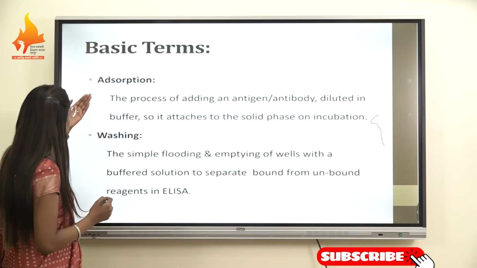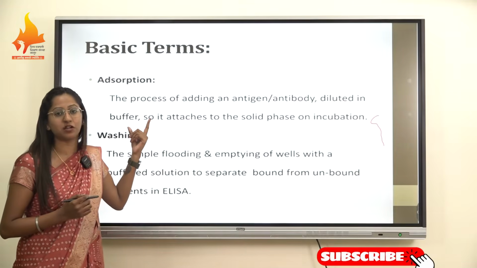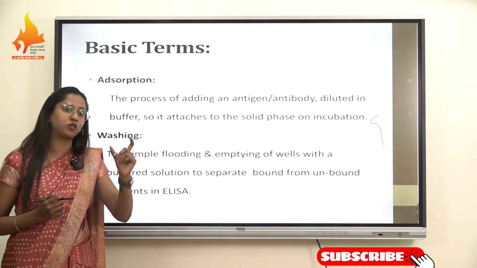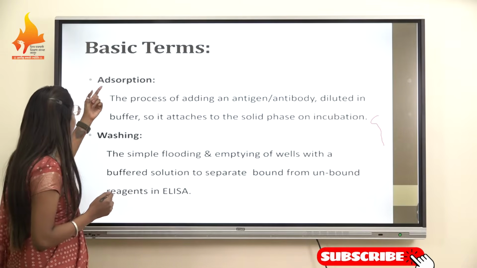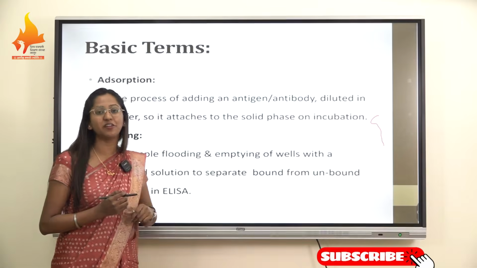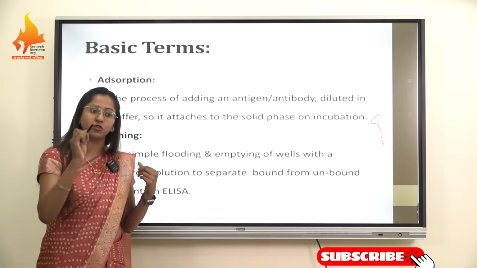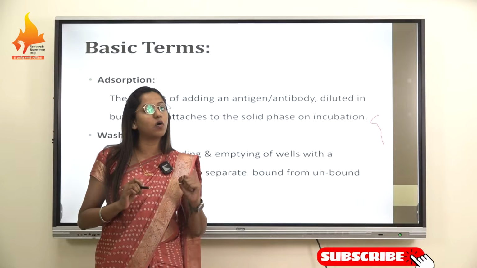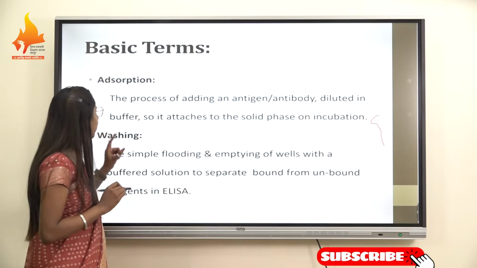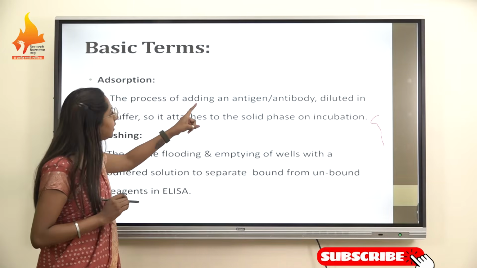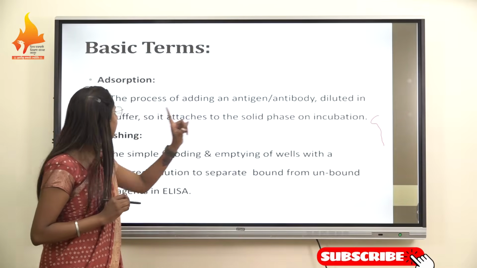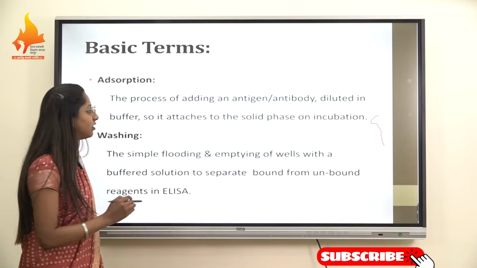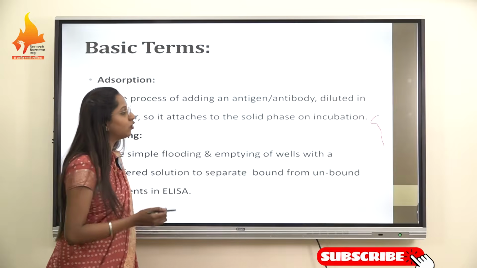Moving forward, as we have already discussed the term sorbent, which is called adsorption. Now, what does adsorption mean? From the name itself you can analyze that something is getting attached on the surface of a particular thing. That is called what? Adsorption. For example, the process of adding an antigen or antibody diluted in buffer, so it attaches to the solid phase on incubation.